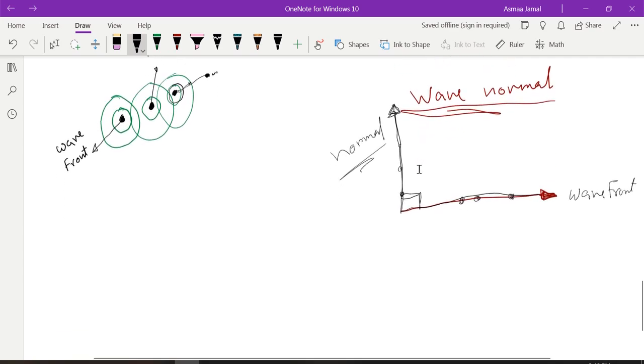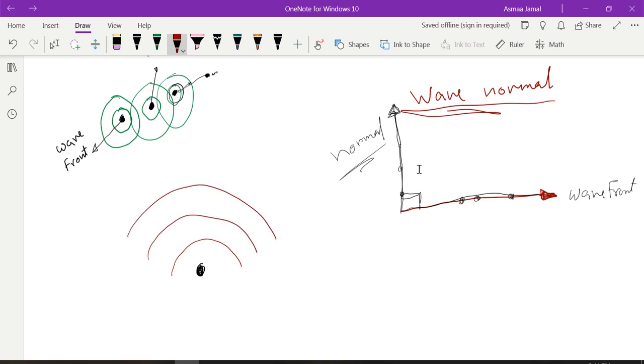Again, this is the source, the main source, which will move as waves, and each wave contains wavefronts. Those wavefronts will be a secondary source of light for the wavelets.